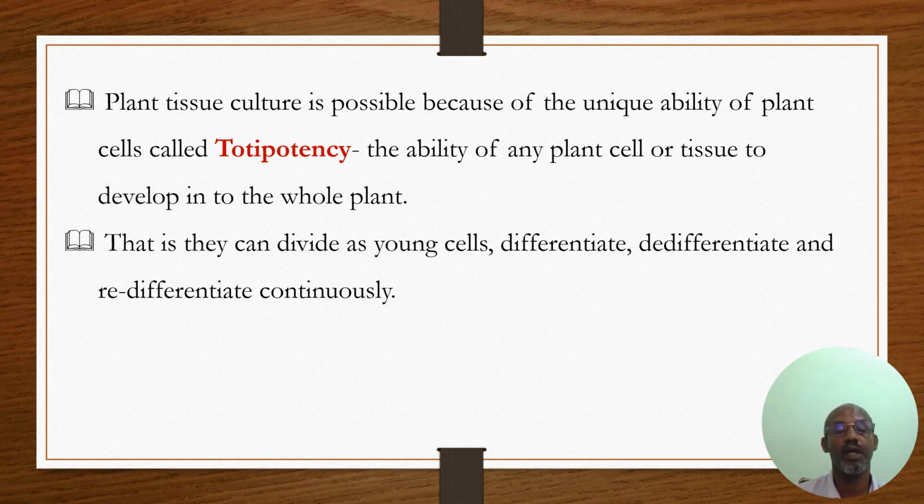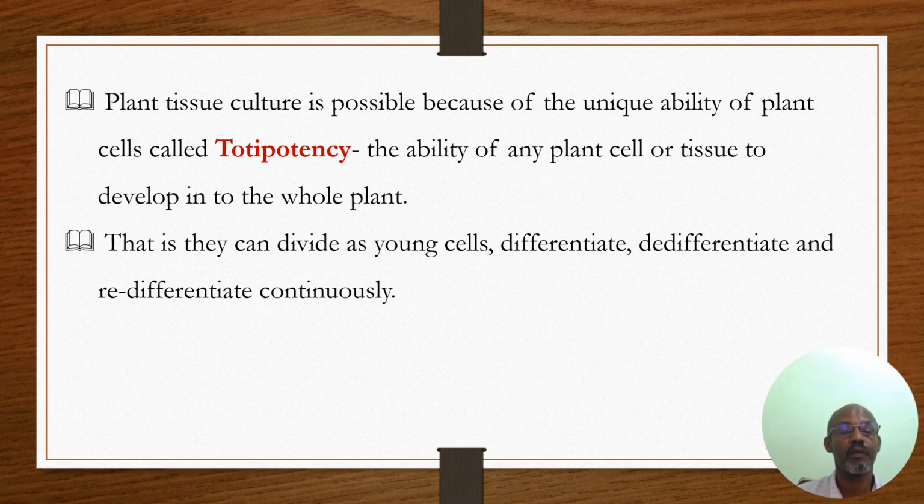Totipotency is the ability of every cell from every part of the plant, if provided nutrition and appropriate conditions plus growth factors, to develop into a full plant. This is not observed in the animal world.